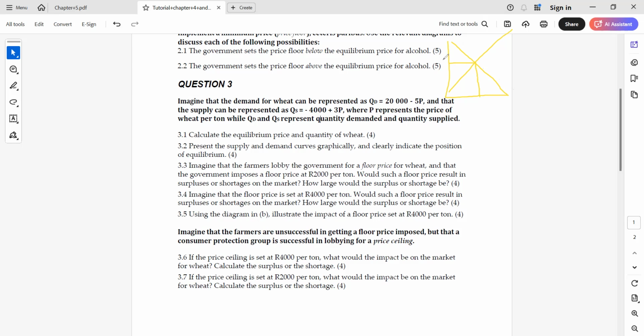So here our price is 3, which is continuing with these numbers, and my quantity is 5, which is continuing with the information we got from here.